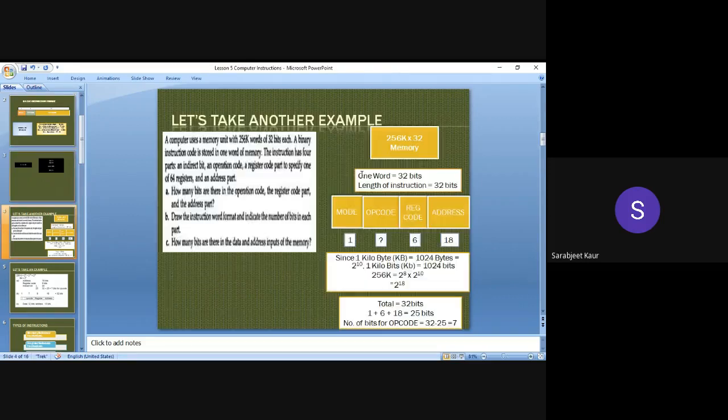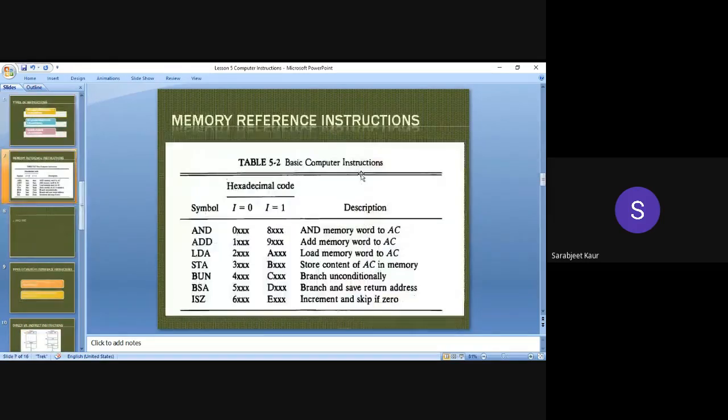So the first memory reference instruction is AND. What it does is the logical AND operation. It will AND the contents which are there at location, let's say 200, with the contents of the register AC.